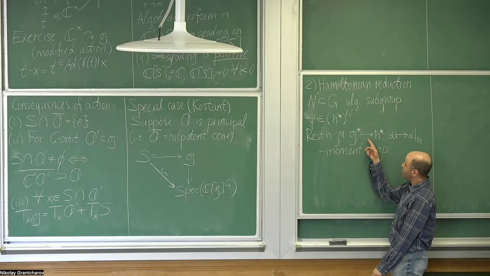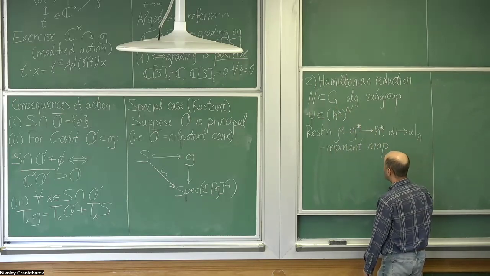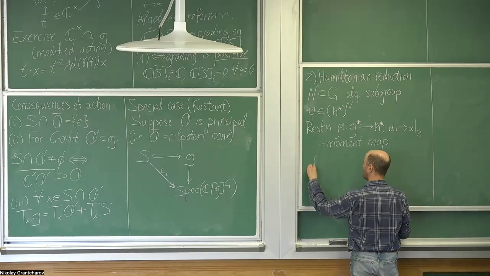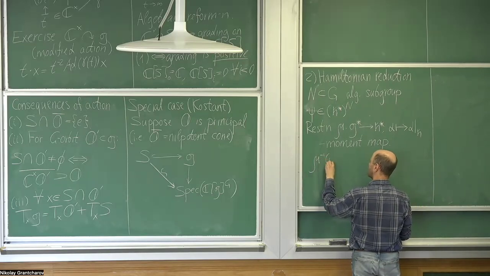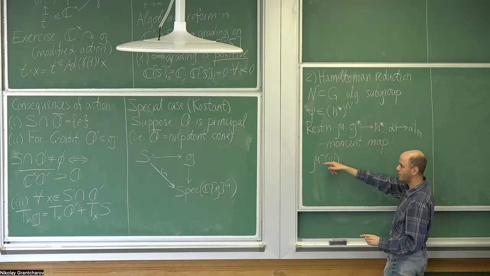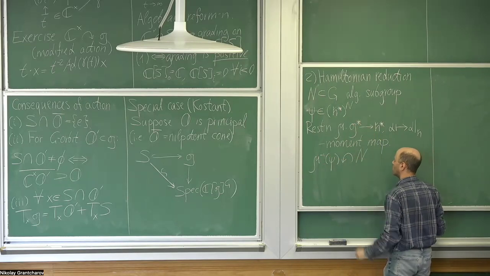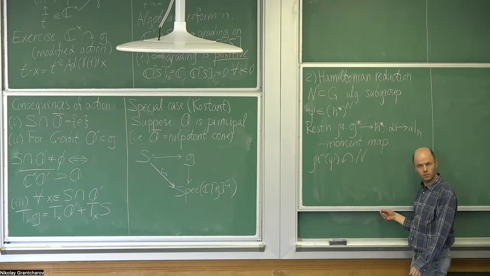It's obviously equivariant with respect to the action of N. And now I can consider the fiber of this psi. Psi is invariant, the map is equivariant. So on here, I have an action of the group.